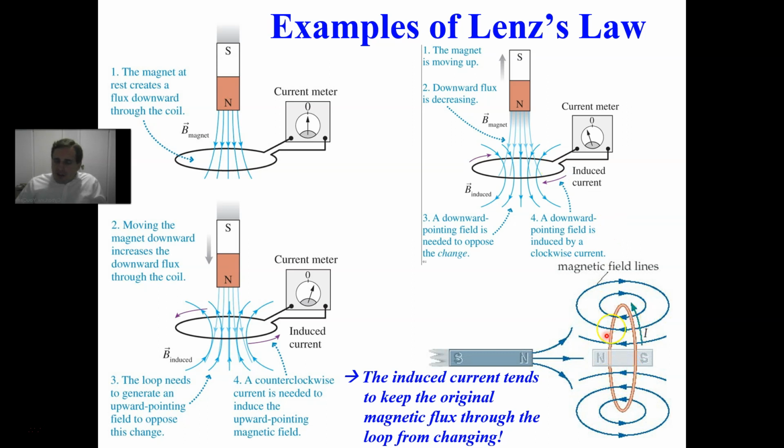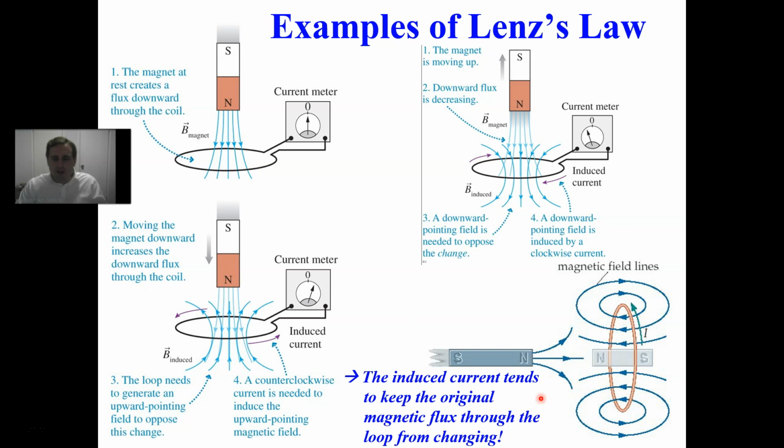Think of loops as producing their own imaginary bar magnets. When you push bar magnets into loops, the loops produce their own electric current, with this north pole repelling this north pole. The induced current tends to keep the original magnetic flux through the loop from changing. And that's the name of the game.